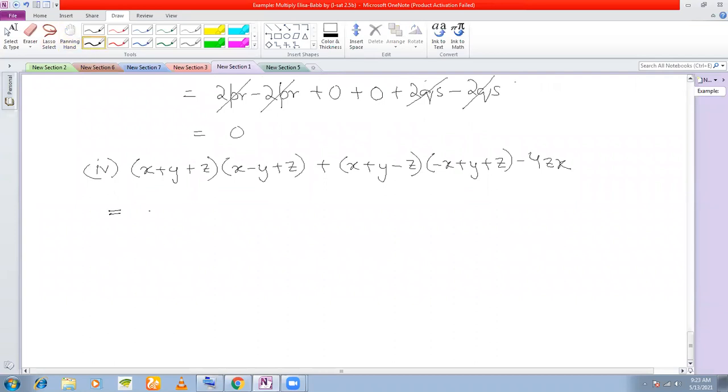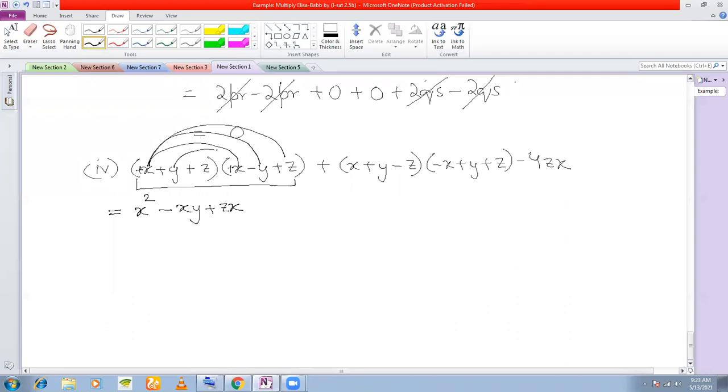So you multiply these two first. You have a plus sign here, you have a plus sign here. So plus X into plus X will combine to give you X square. Next, plus X will combine with minus Y to give you a minus XY. Plus X will combine with plus Z to give you a plus ZX. Right?